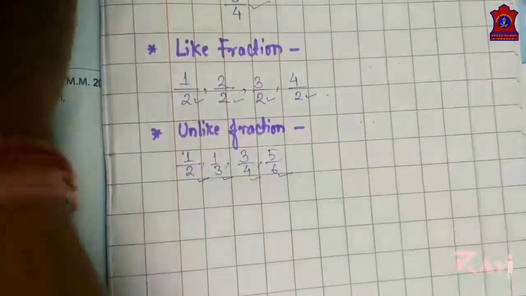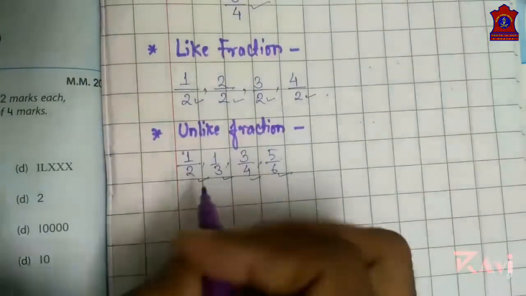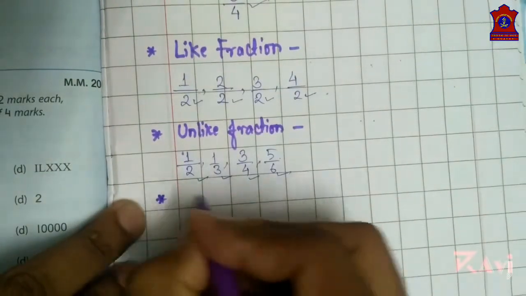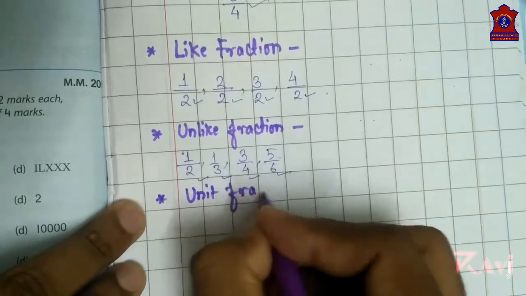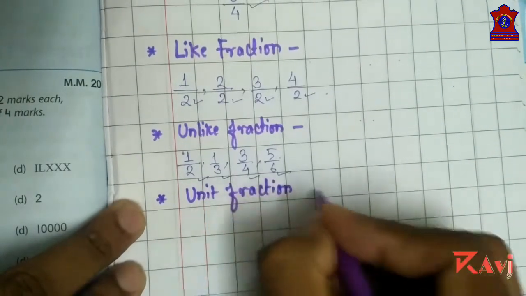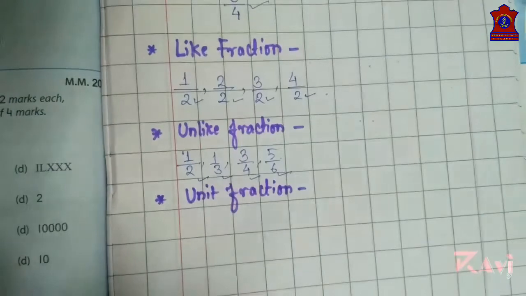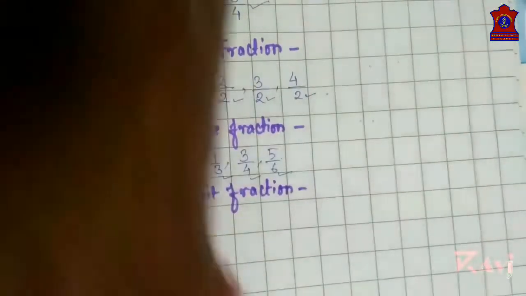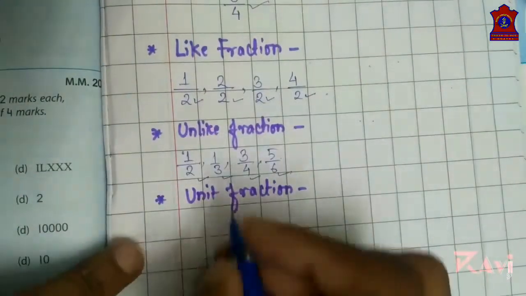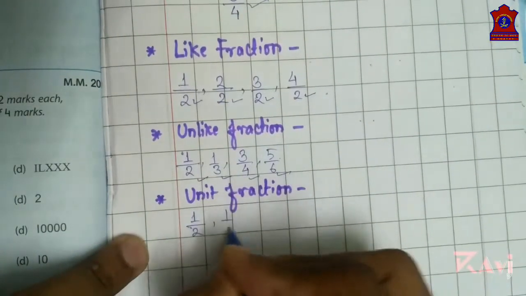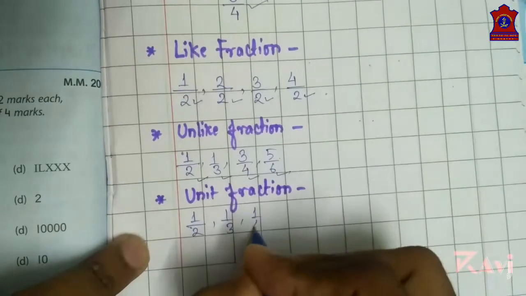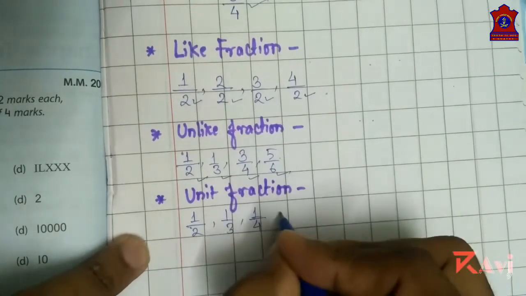Next is unit fraction. Fractions having 1 as numerator, like 1 by 2, 1 by 3, 1 by 4, 1 by 5.